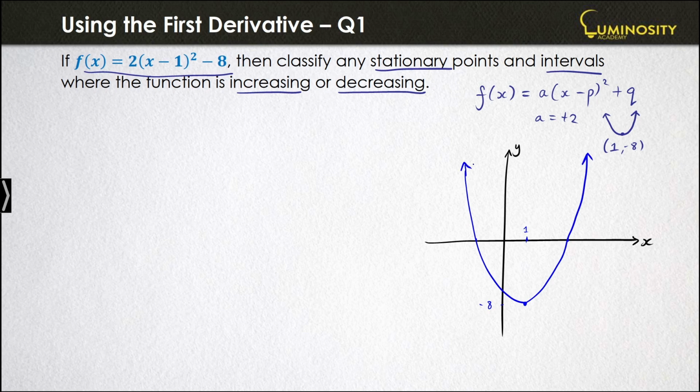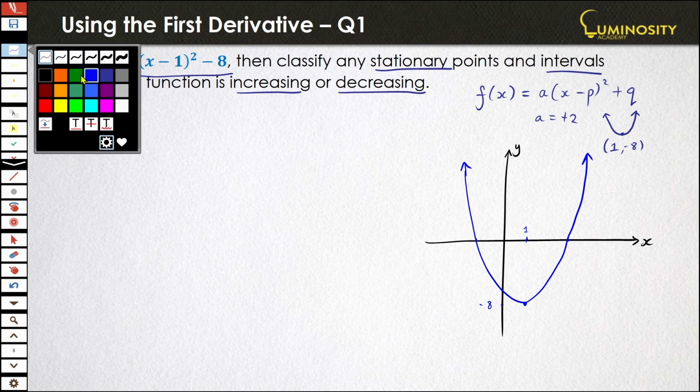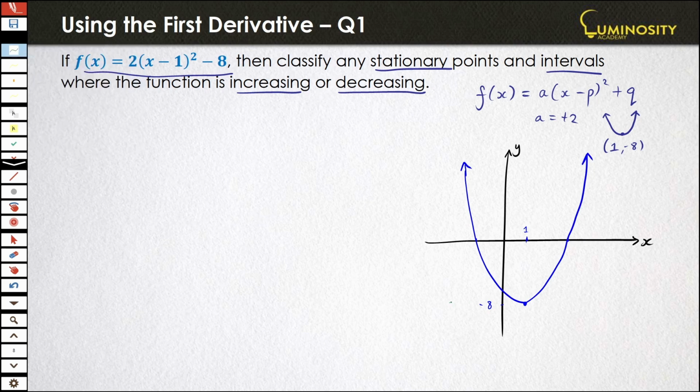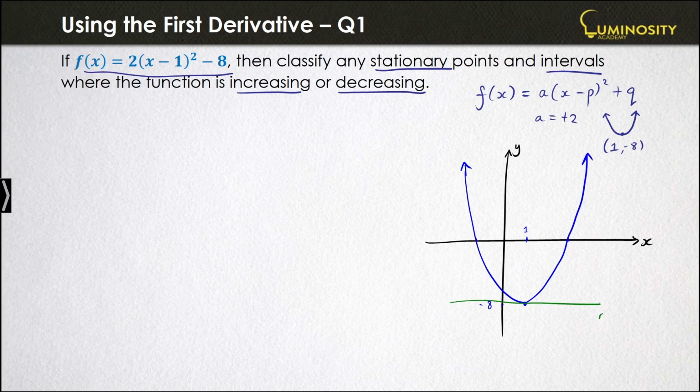We can see from this graph already some of the properties, such as the stationary point is most likely going to be at this turning point, because that's when the gradient, which is the derivative at that point of this tangent line, is probably going to be 0.